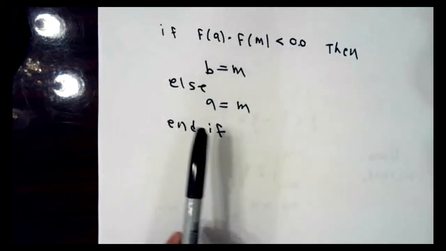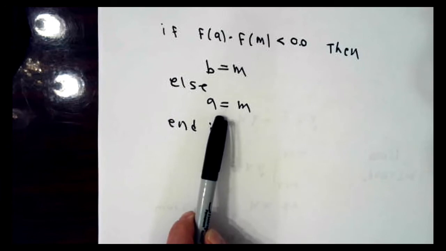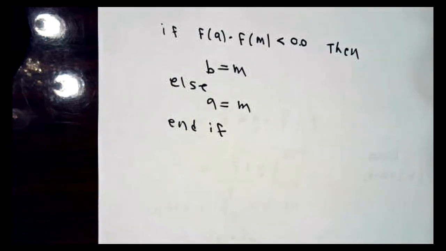And if that isn't true, I should set a equal to m, and then this should cover all cases, except of course the possibility that one of them is equal to 0. That still hasn't been taken into account.